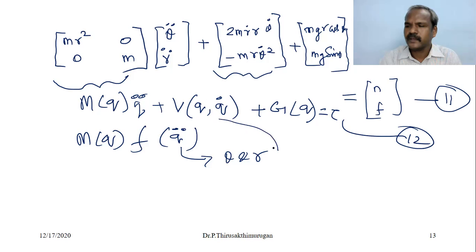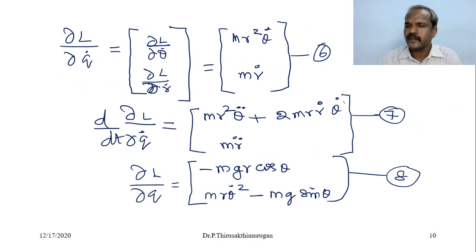The gravity term is a function of q. Clear? So this is the whole manipulator dynamic equation for the 2 degree of freedom polar arm robot. Understand?